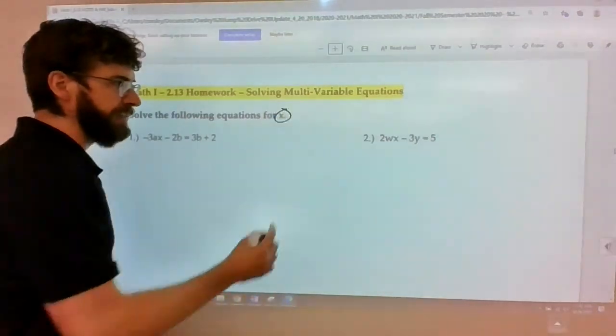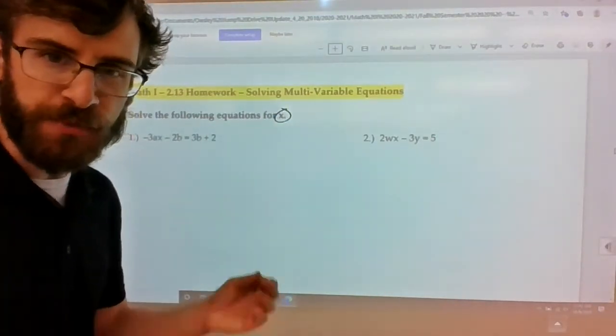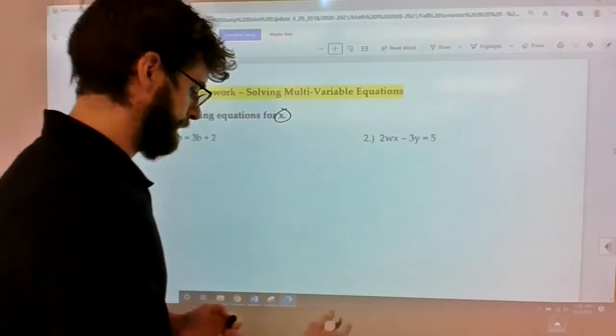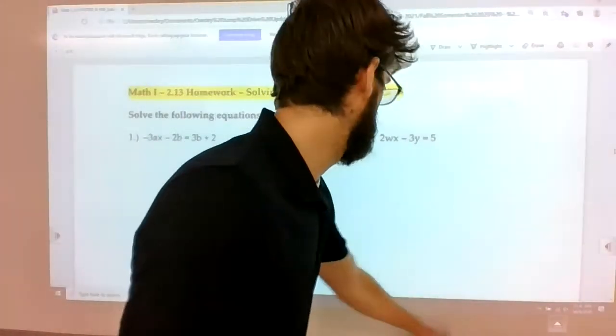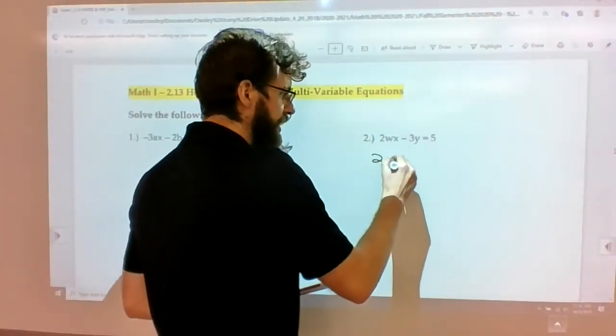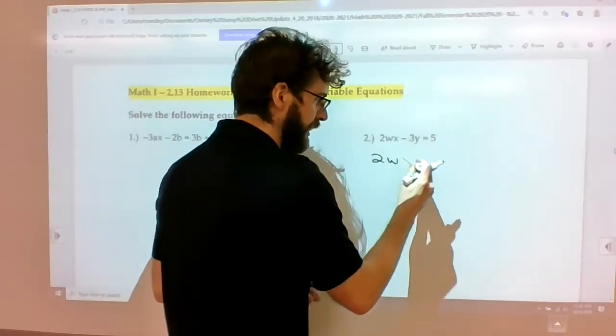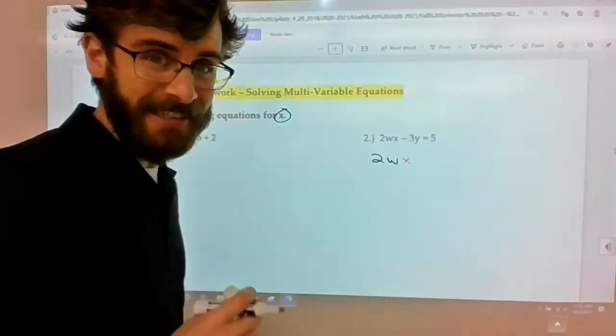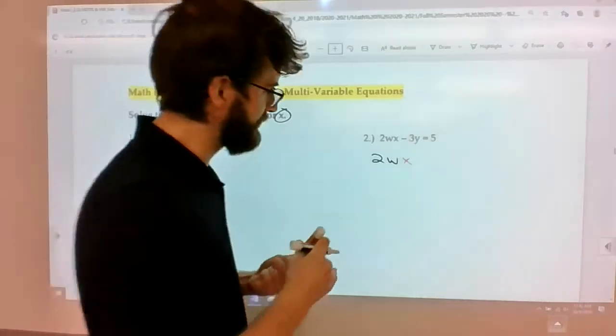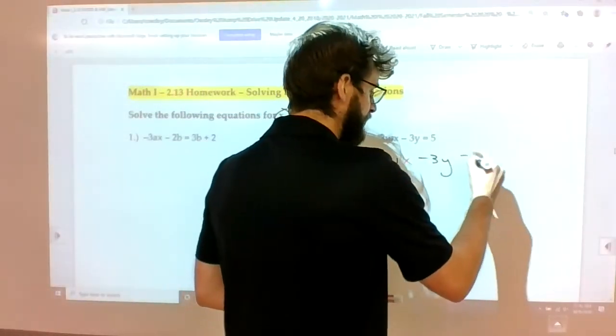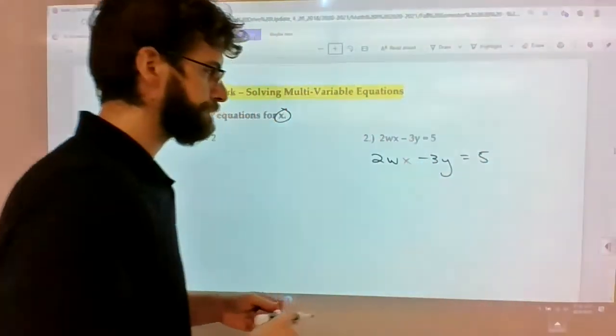On every single one of these, unless the direction states otherwise, we're getting x by itself. So we're doing 2w. I'm going to do x in a different color just to say, hey, that's different. That's the thing we're trying to get by itself. Minus 3y equals 5.